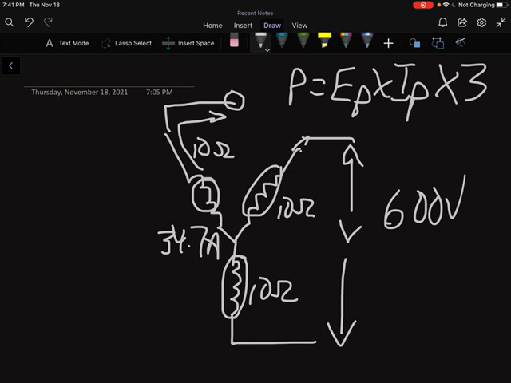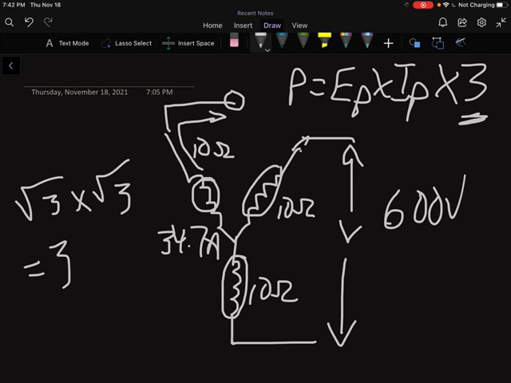And something interesting, I want to show you, if you take your calculator and do root 3 times root 3, that gives you a value of 3, which is our value over here.